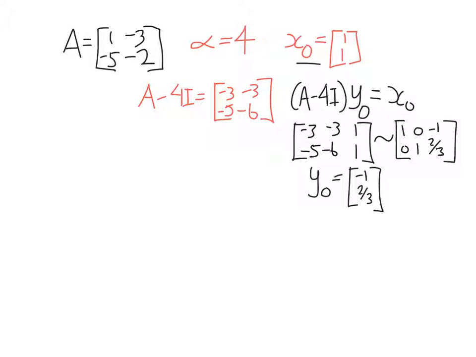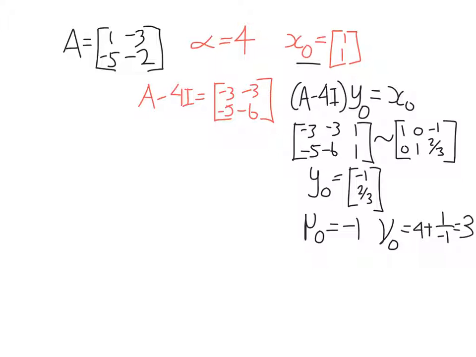So the next step, I needed to find mu 0. That's just the entry of the vector y with the largest absolute value. So my guess for the eigenvalue is my original guess plus 1 over mu 0, which is just 3. So that's my first guess for the eigenvalue.